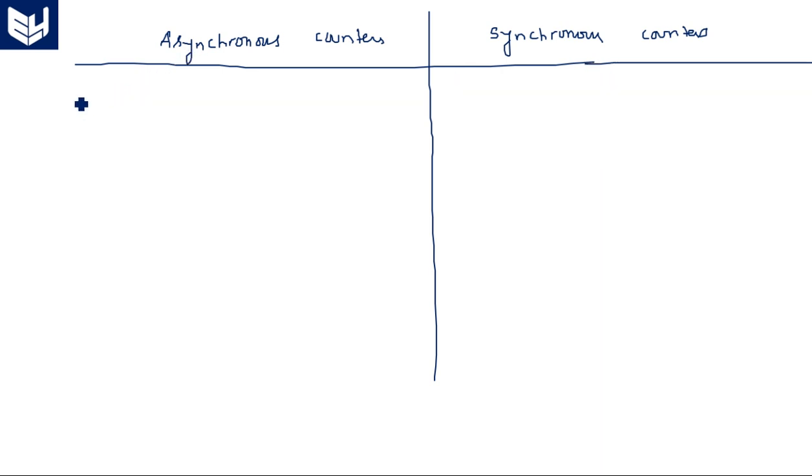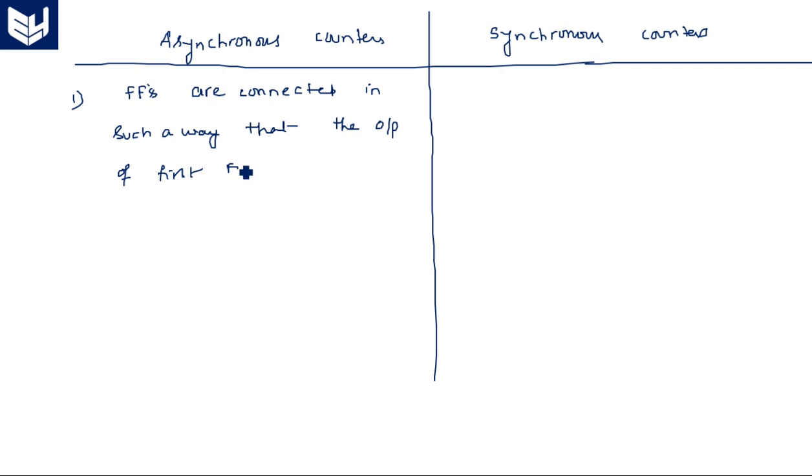First one: flip-flops are connected in such a way that the output of first flip-flop drives the clock input of second flip-flop.